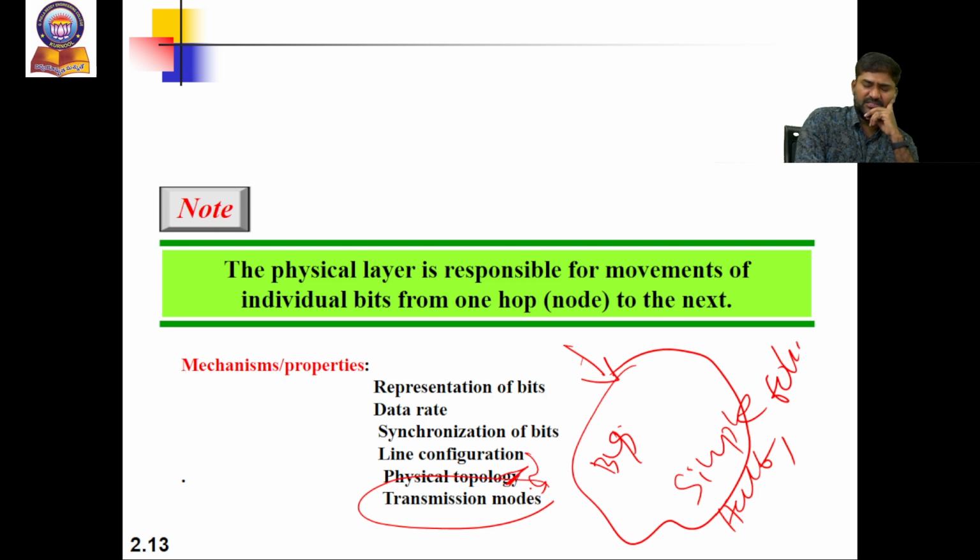Simplex is where we transfer the data in one way only; it doesn't accept from two ways. Half duplex accepts data in two directions but not simultaneously. And full duplex accepts data from two directions simultaneously. So we need to check what type of transmission mode we are using here.